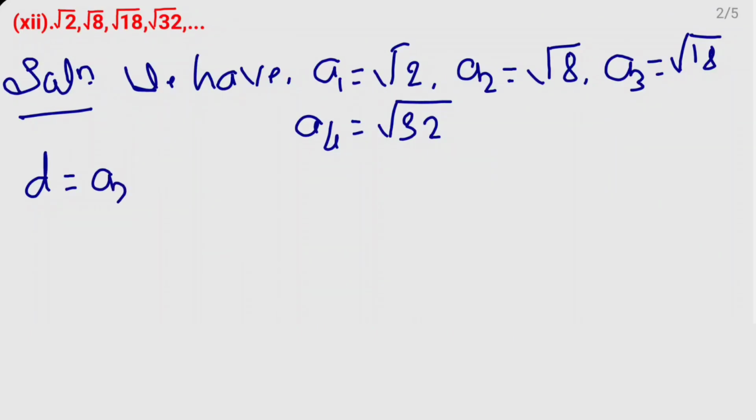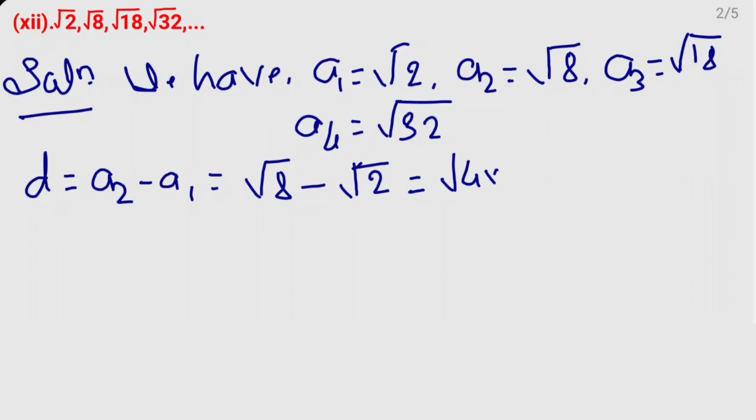d is a2 minus a1. So here a2 is root 8 minus a1 is root 2. Root 8 we can write as root 4 into 2, and minus root 2 as it is.